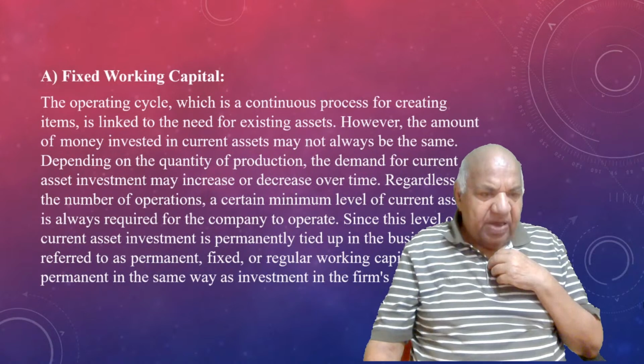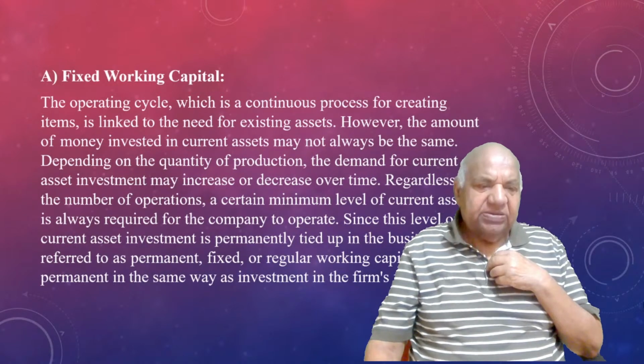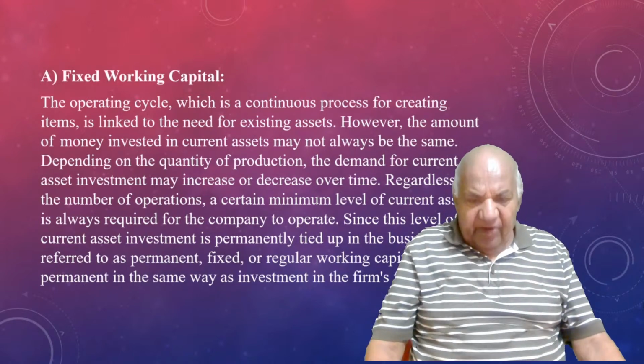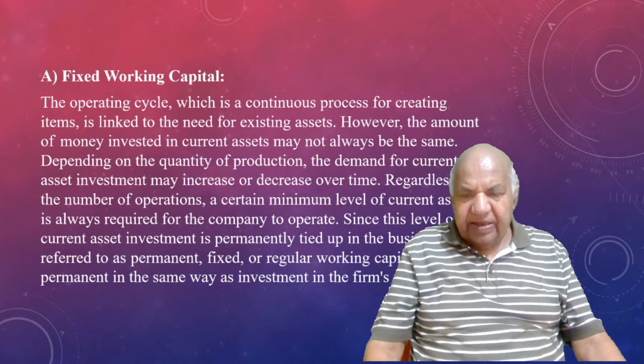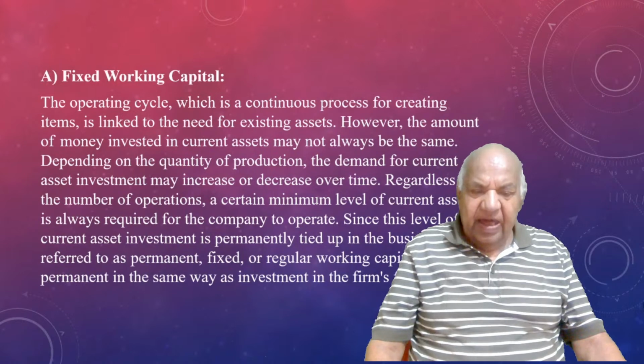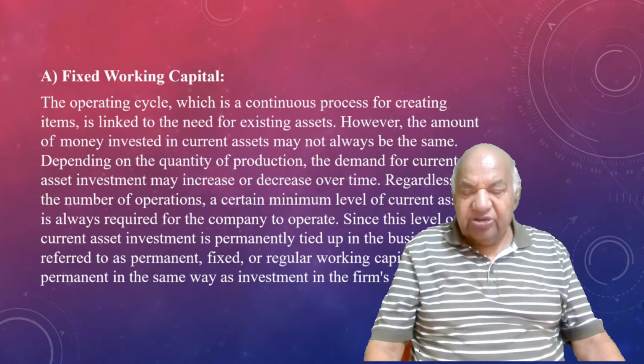Since this level of current assets investment is permanently tied up in the business, it is referred to as permanent, fixed, or regular working capital. It is permanent in the same way as investment in the firm's fixed assets.